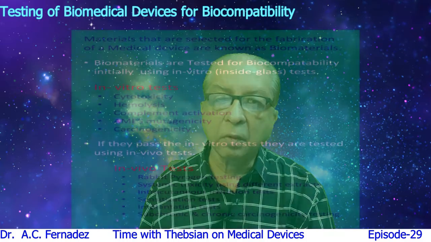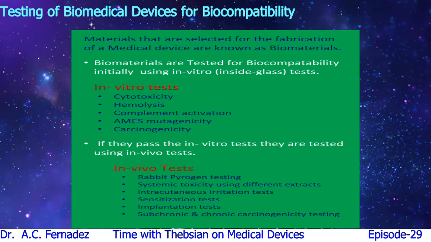So let us see what are the in vitro tests: cytotoxicity, hemolysis, complement activation test, AMES mutagenicity test, and then carcinogenicity test using cultured cells. Let us see what are the in vivo tests that are used for testing biocompatibility.